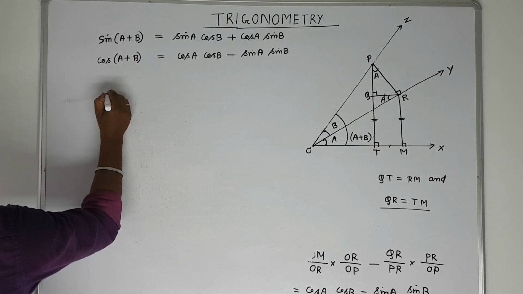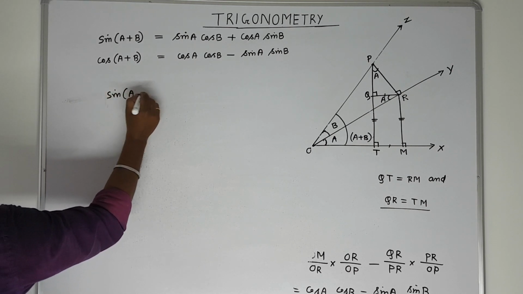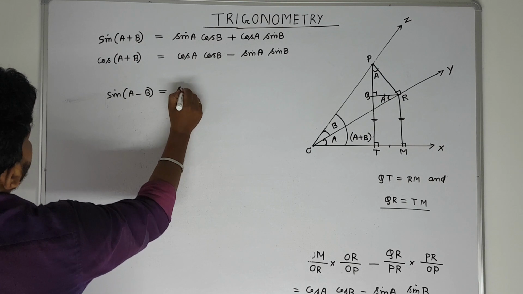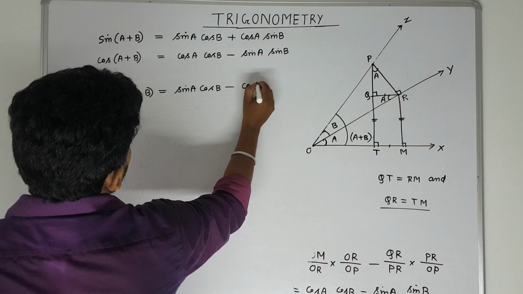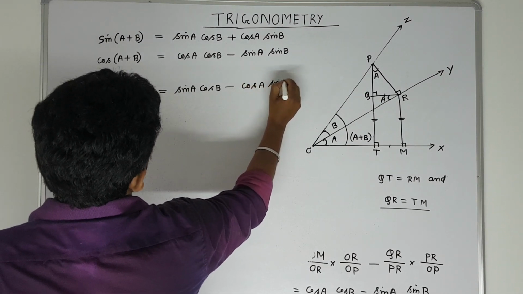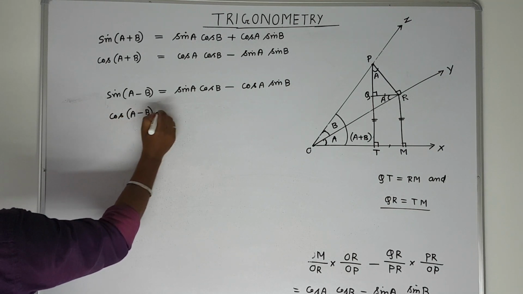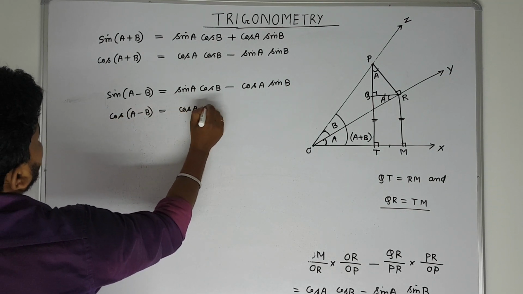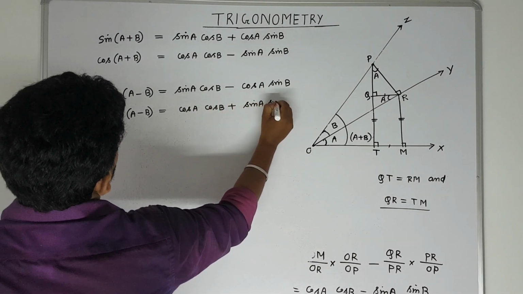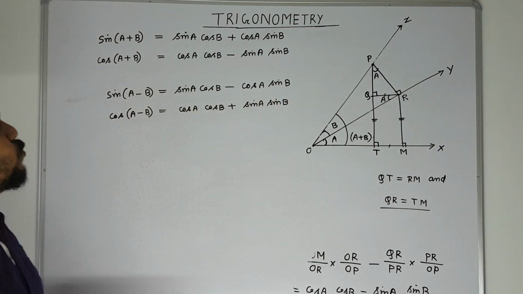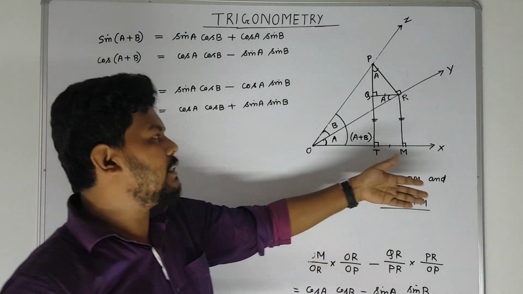At first sine A minus B. Sine A minus B is equal to sine A cos B minus cos A sine B, and cos A minus B is equal to cos A cos B plus sine A sine B. These two formulae can also be proved or deduced using this geometrical method.